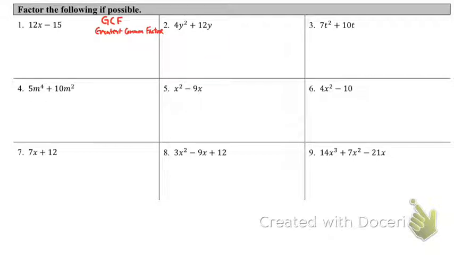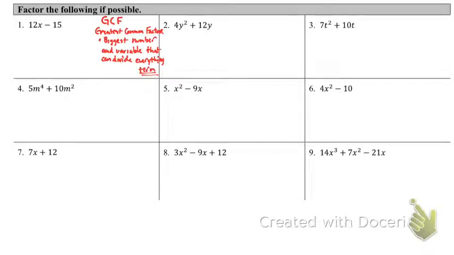Greatest common factor is, to put it in plain English, we're trying to find the biggest number and variable that can divide everything in the problem. And when I say everything, I mean every term.